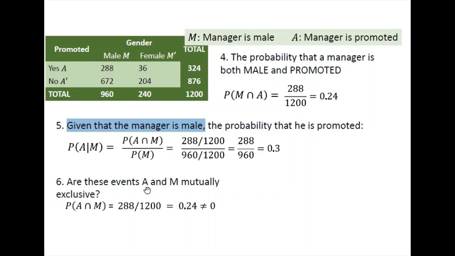Are these events A and M mutually exclusive or disjoint? So what was the definition of mutually exclusive or disjoint? It means the intersection of A and M should be empty.